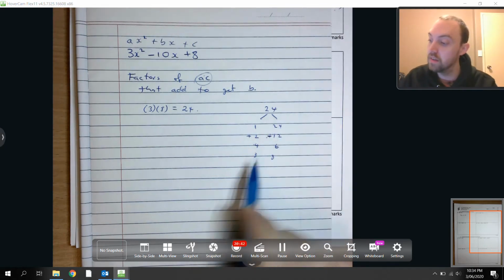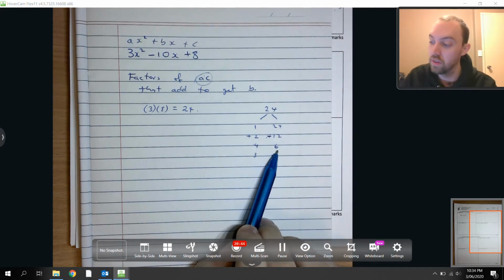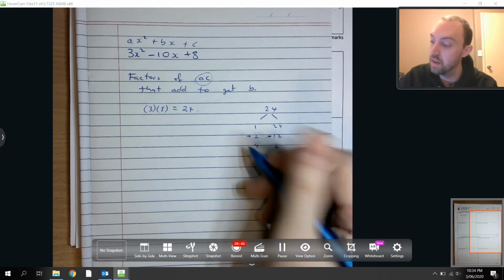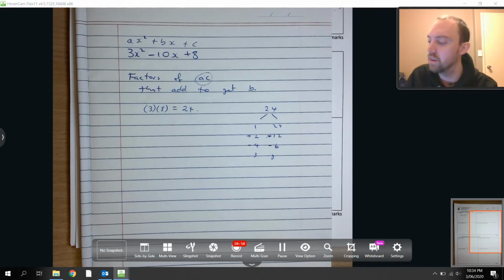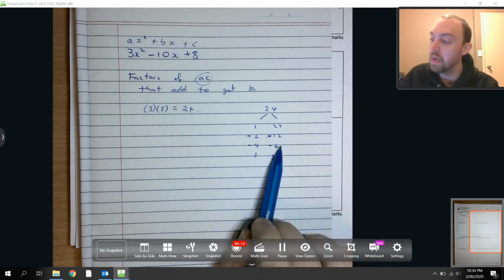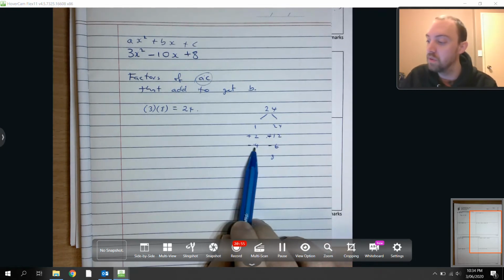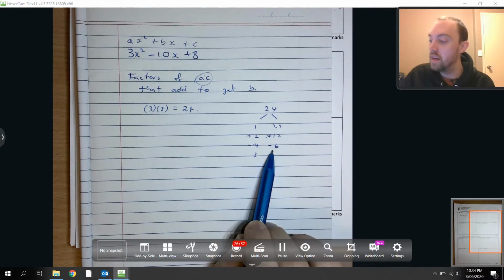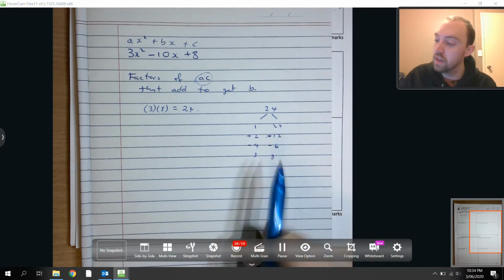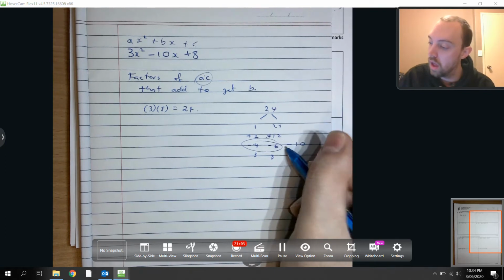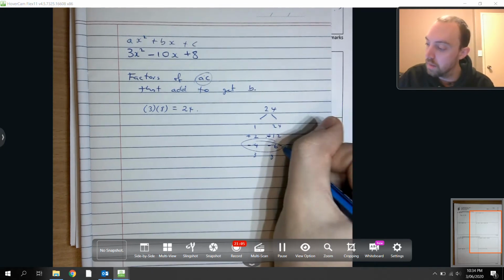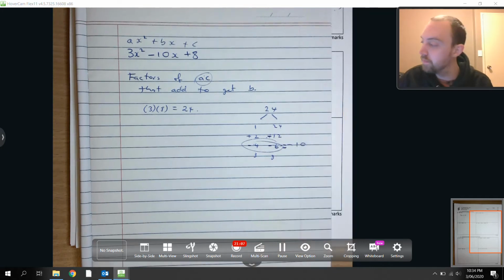In this case, 4 and 6, I guess difference of 10 is not quite right, but we can make 10 by putting these two numbers together. Negative 4 and negative 6 gives you negative 10. Okay, I'll write that. Try that again.